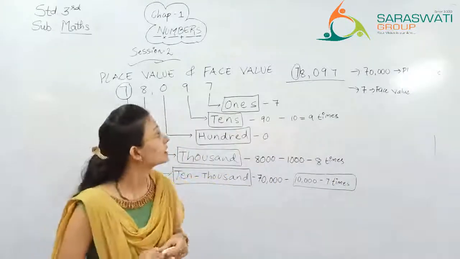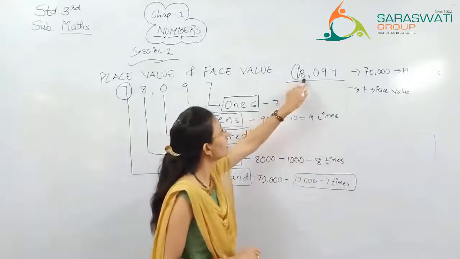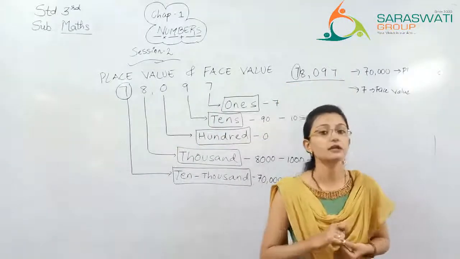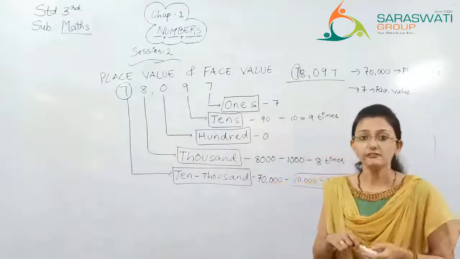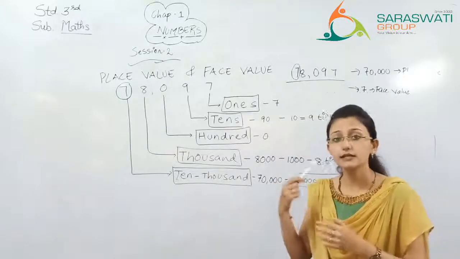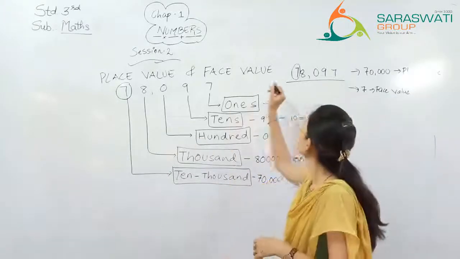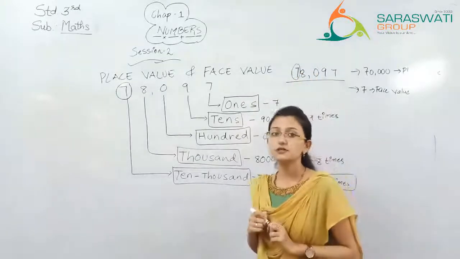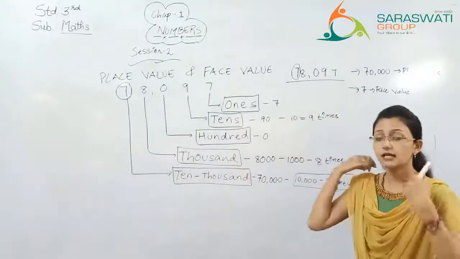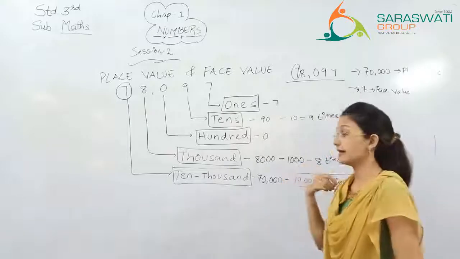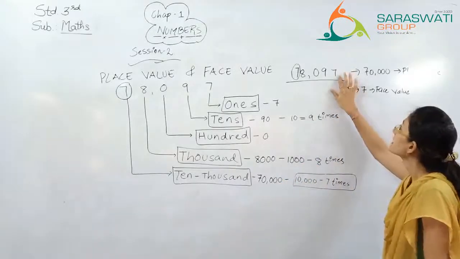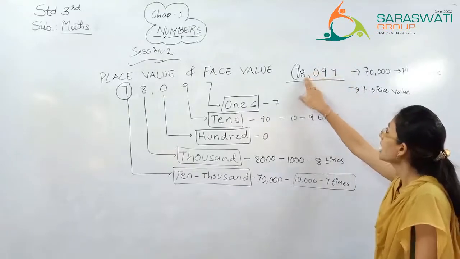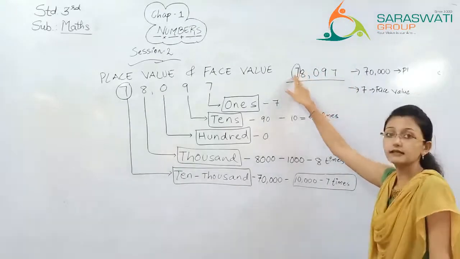So students, here I have written 78097. If I ask you what is the place value of number 7, then what will you do? You will recognize and remember all the places: ones, tens, hundreds, thousands and then 10,000.